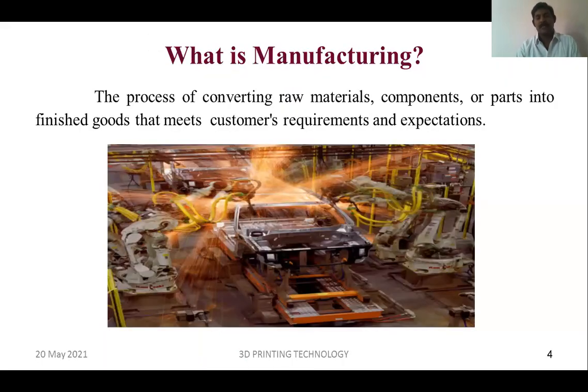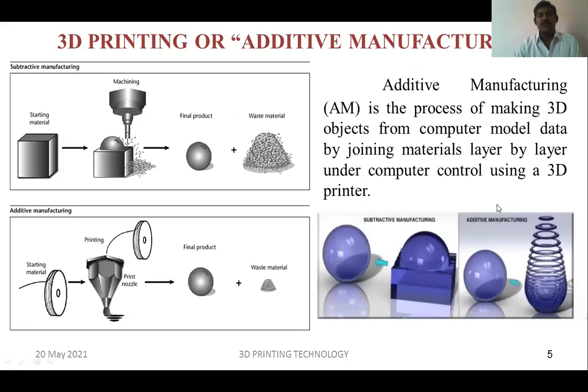What is the difference between 3D printing and additive manufacturing? Before we go to that, we look into the manufacturing sector. The process of converting raw material, components, and finished goods that meets the customer requirements and expectation is called manufacturing.